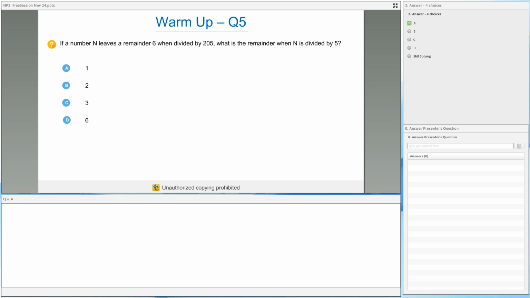Okay, this should be easy enough to solve, so I'm giving another 10 seconds. It's based almost on the same logic that we solved for Q4. Okay, I'm ending the poll now.